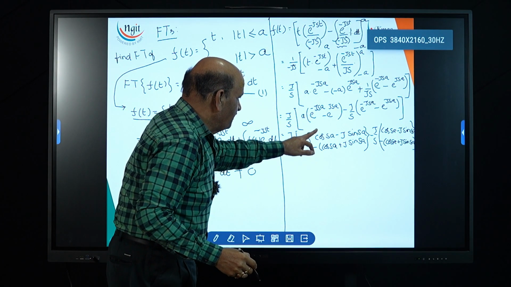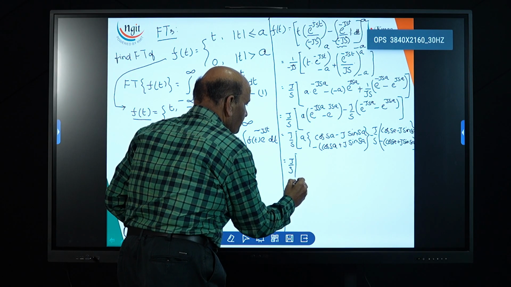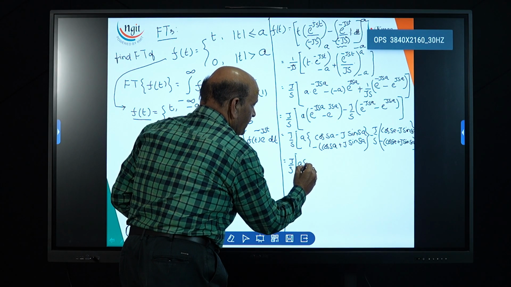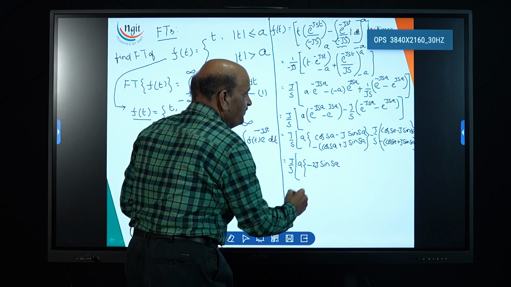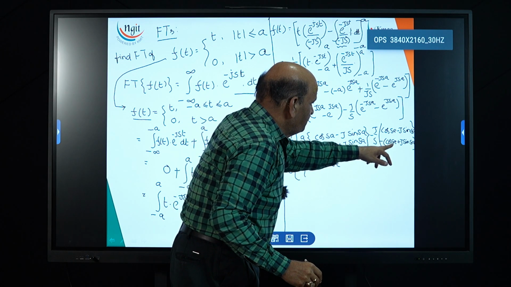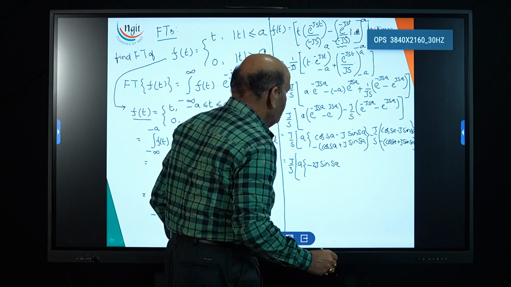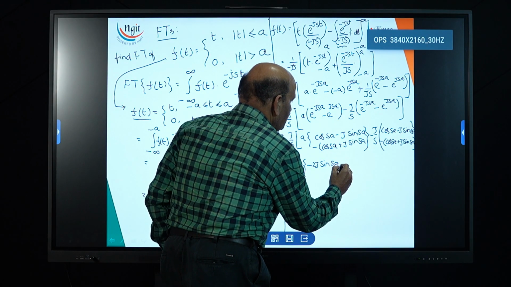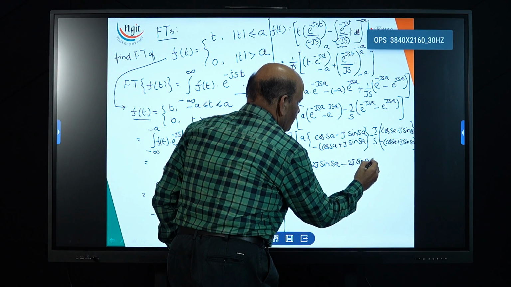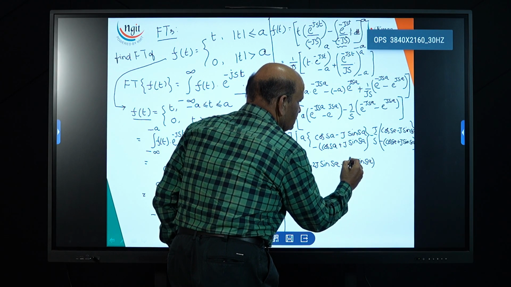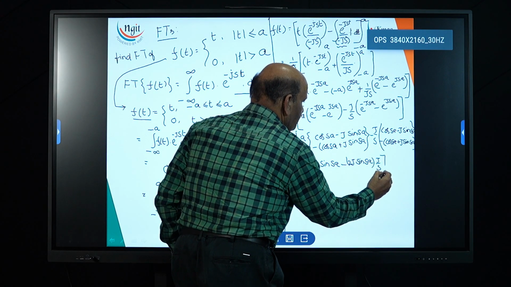Now just look, this minus cancels. This is equal to j by s of a times minus 2j sin sa. Again this minus cancels, so you will get only minus 2j sin sa into the constant j by s.